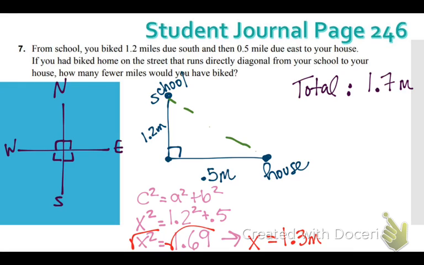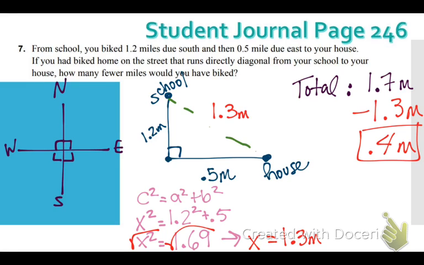So don't circle it because that's not the answer. So we biked south 1.2 and east 0.5, making it 1.7 miles. We could have biked 1.3 miles. To subtract, it would have been 0.4 miles shorter if we had done the diagonal. It's less than a half mile.